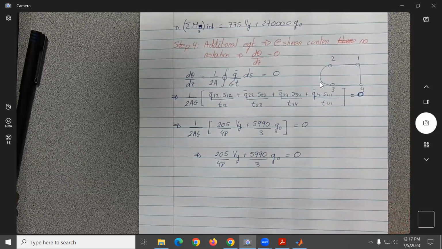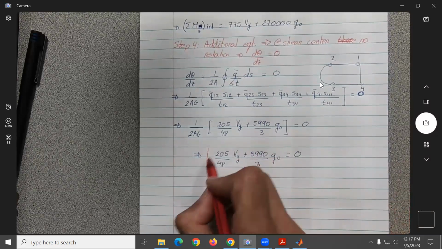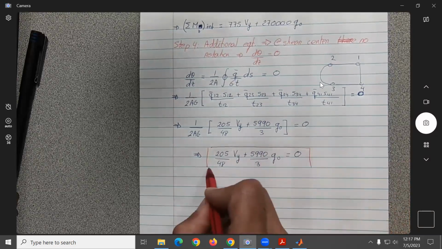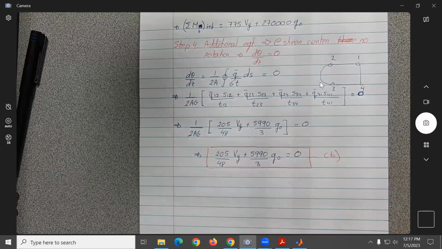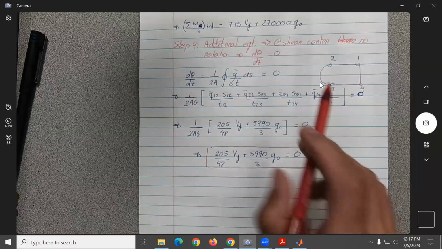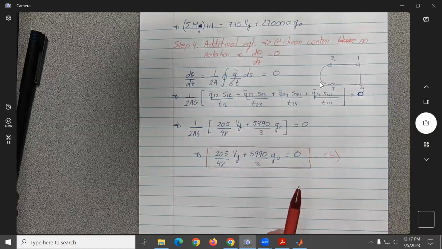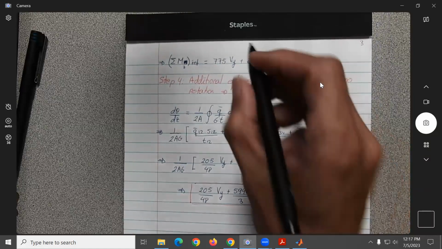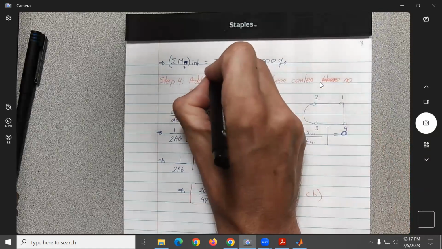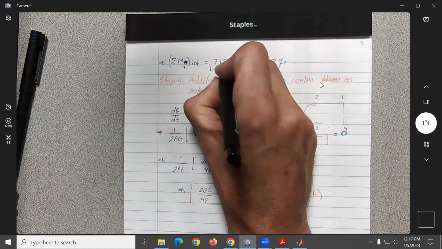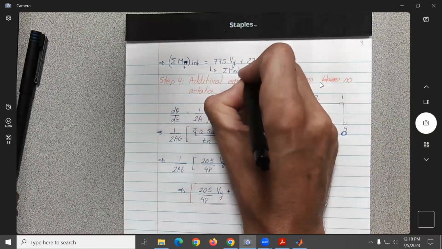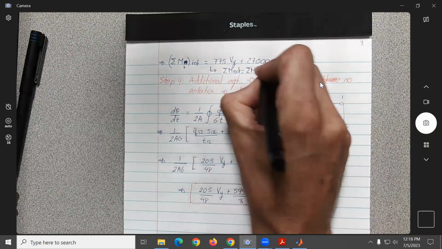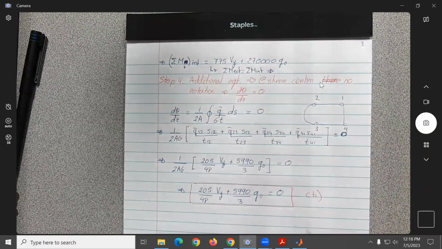Okay, so now what do we have? We have this equation here. Let's call it B. And what is the other equation that we had before? Oh, I forgot maybe to put it. Sorry for that, guys. So this one, external equal to internal, that equation will give us what?